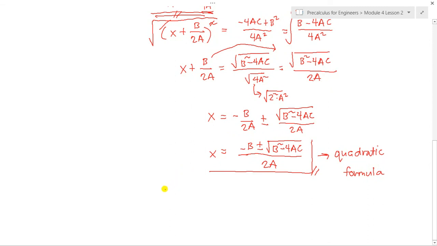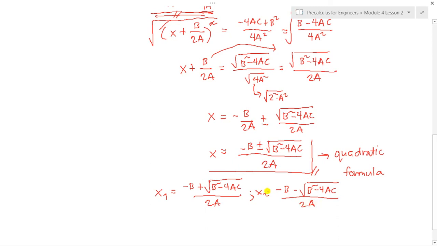And of course, if we want to split them out, we have our first root, x sub 1, which is equal to negative b plus square root of b squared minus 4ac all over 2a. And the other one is x sub 2. We have negative b again, this time minus: minus square root of b squared minus 4ac all over 2a.